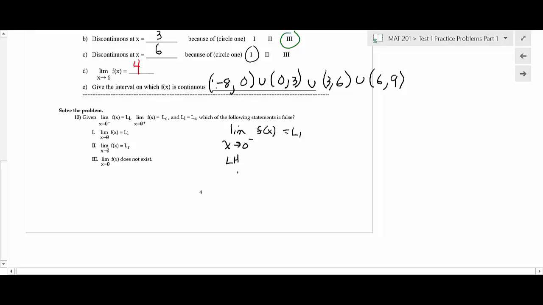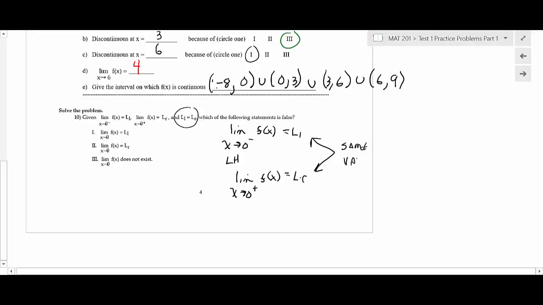And you're also given that the limit as x approaches 0 from the right-hand side of the same function is equal to L2. Or, what does that say? I guess that says LR. Can't see very good sometimes. So it gives that. It also gives that these are the same. So those two things right there are the same value.